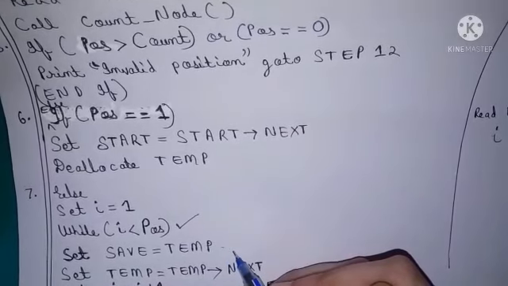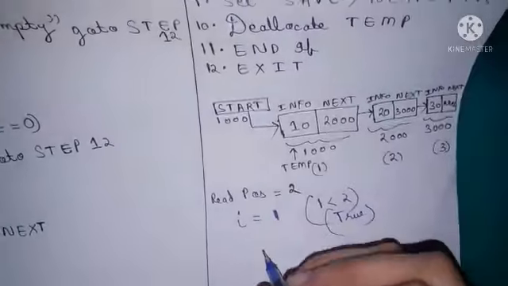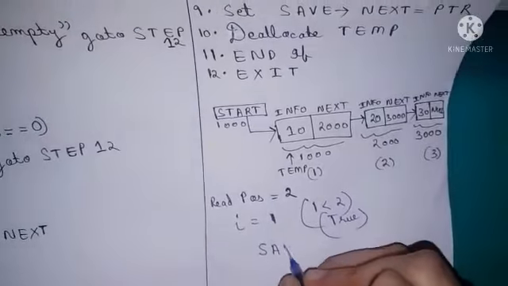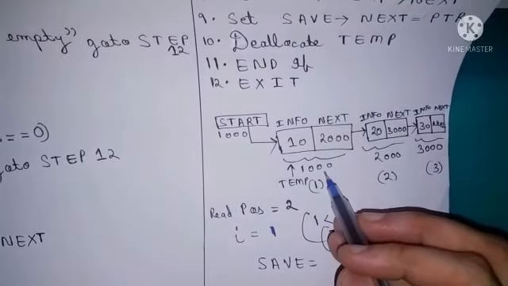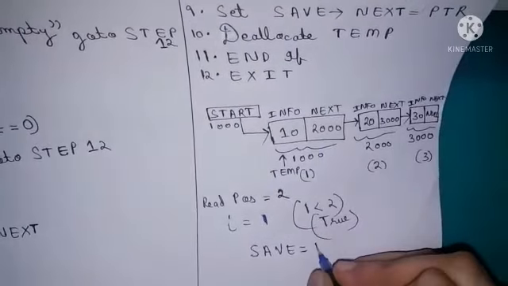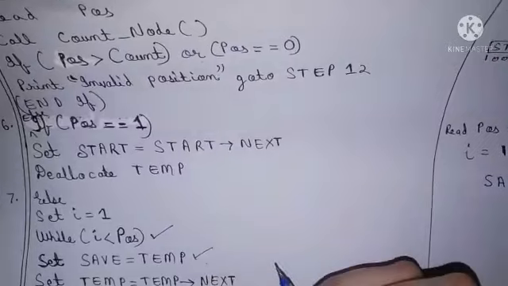Now we will set one more variable, that is save. Save is equal to temp. At present temp is pointing to the node whose address is 1000, so save will store the address 1000. Then this statement is executed.